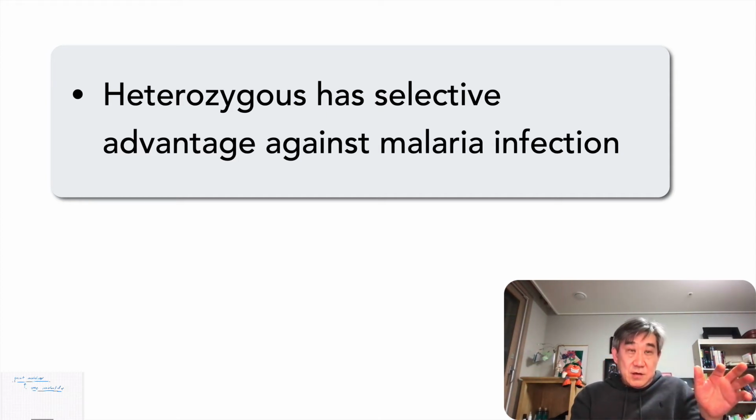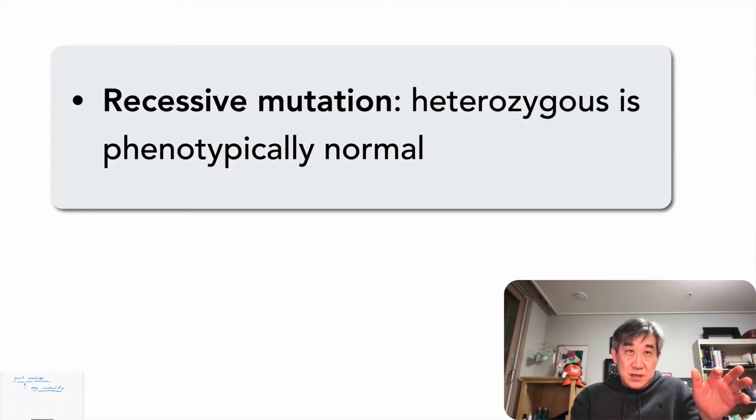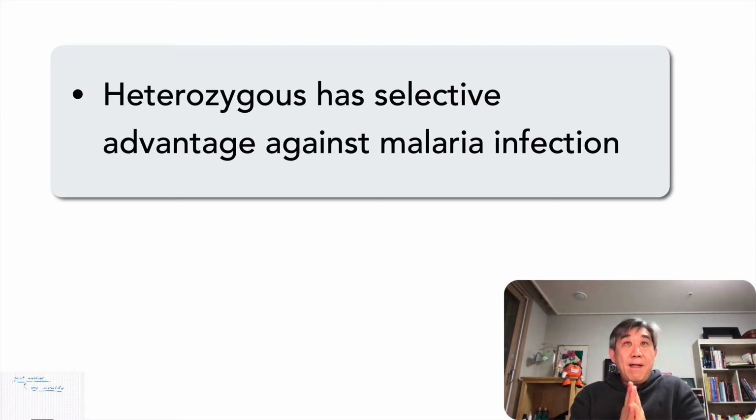Another interesting thing about the heterozygous status in sickle cell anemia is that, even though you carry one copy of this really serious mutation, in some geographical regions carrying this mutation as a heterozygote is a kind of selective advantage.